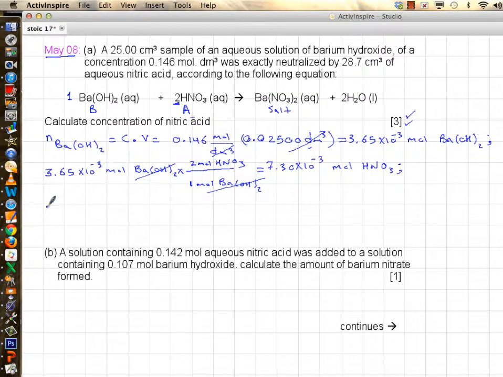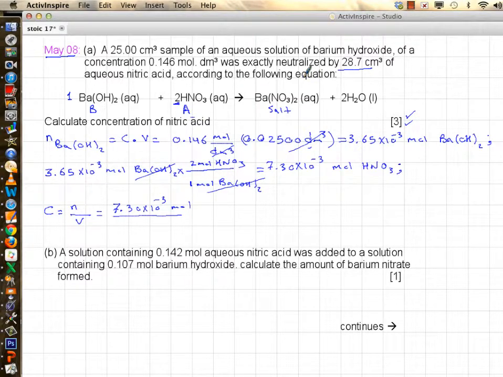The last is, what is the concentration? It's moles divided by volume. For nitric acid, I take moles of nitric acid, which is 7.30 times 10 to minus 3 moles. I divide by its volume, which is in cm cube.